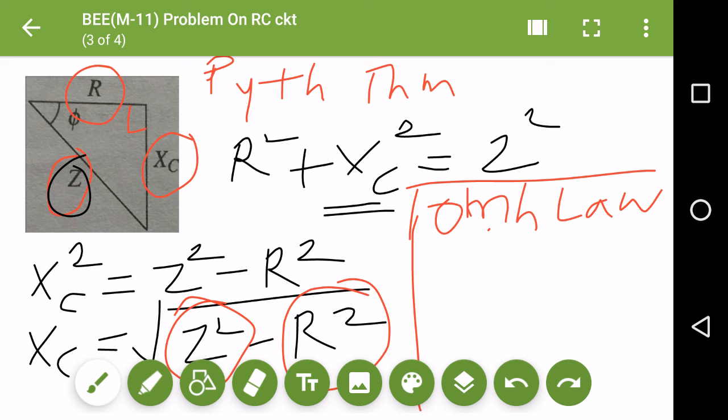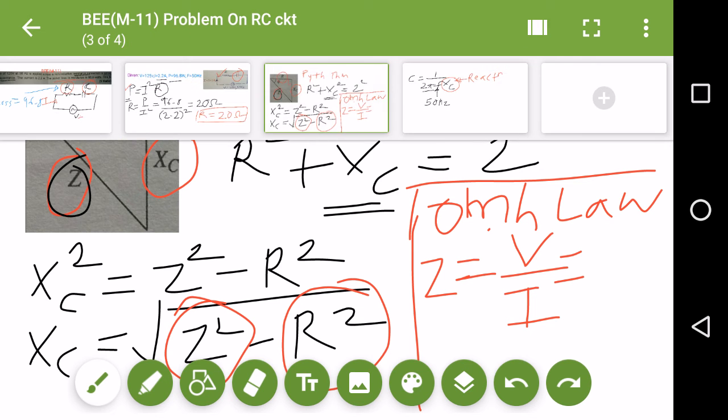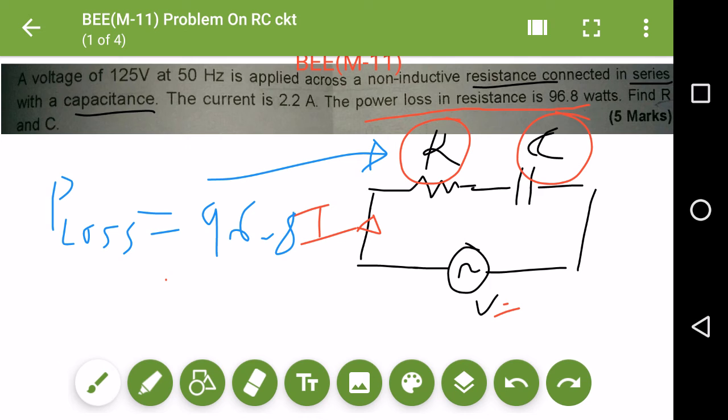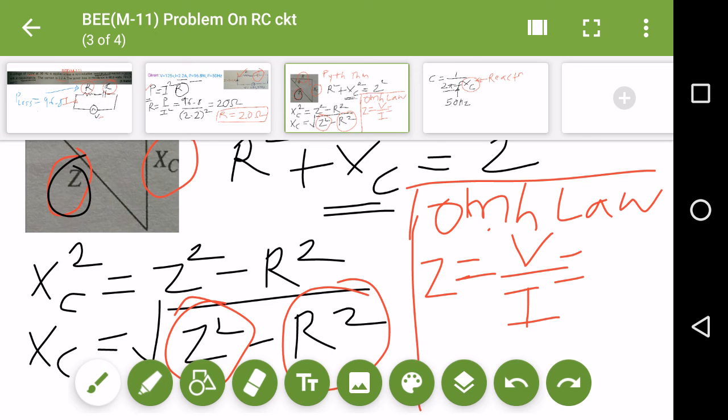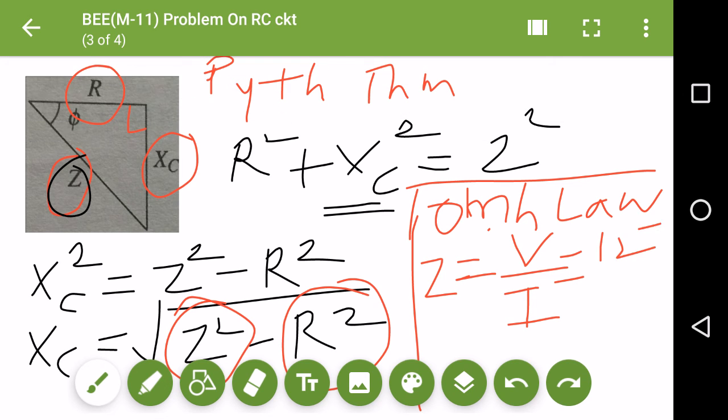And what does Ohm's law say? That the impedance, that is Z, equals voltage upon current. The voltage of the circuit is given as 125, and the current is 2.2 amperes. So by substituting 125 upon 2.2, I can find the impedance.